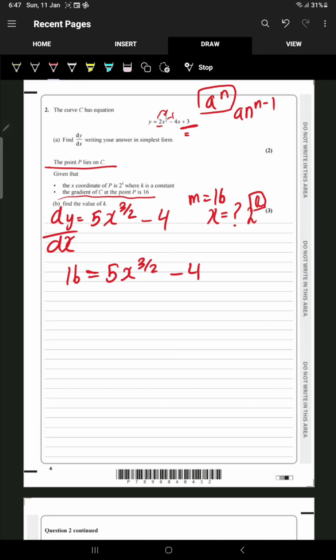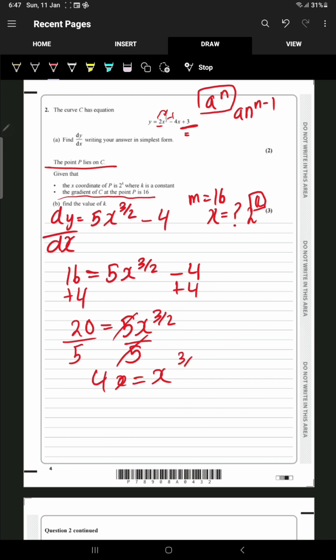Now if you add 4 on both sides, this is going to give us 20. Divide by 5 on both sides. 20 over 5 is going to give us 4 is equal to x to the power of 3 over 2.